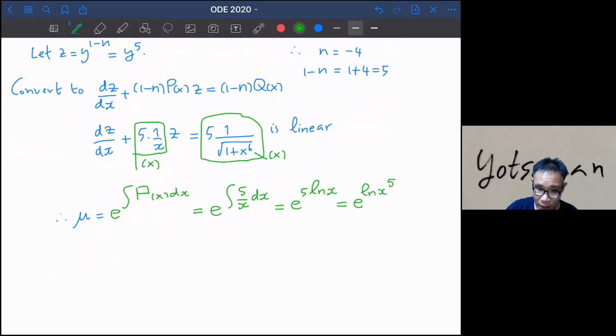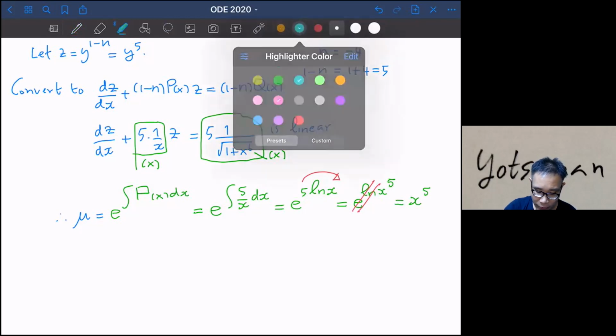The 5 comes up here, so they cancel each other, and you get x to the fifth for mu. So mu equals x to the fifth. This one will be your integrating factor.